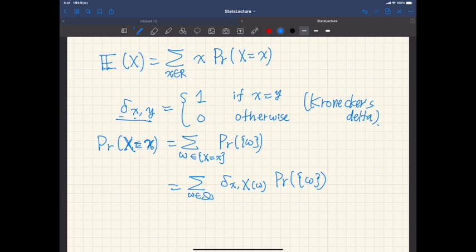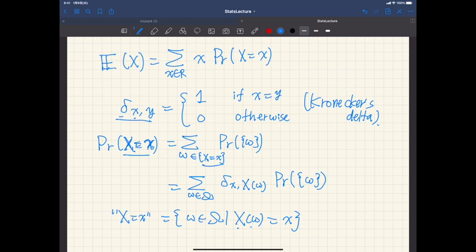This holds because, remember, this is a shorthand notation for the subset of omega such that X of omega takes the value of lowercase x.